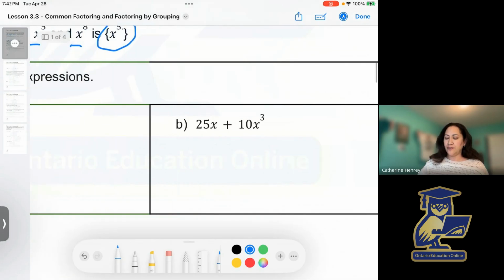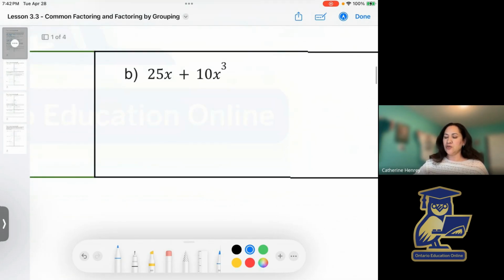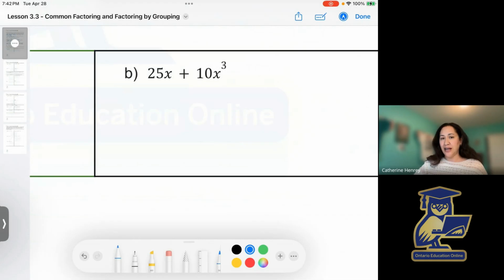Let's try another one. So here we have 25x plus 10x cubed. Between 25 and 10, they're not both even numbers, but they are both multiples of 5. So I'm going to take a 5 out, and then I have 1 x here, and then 3 x's over here. So the greatest number of x's that I could take out of both of those terms would just be 1.